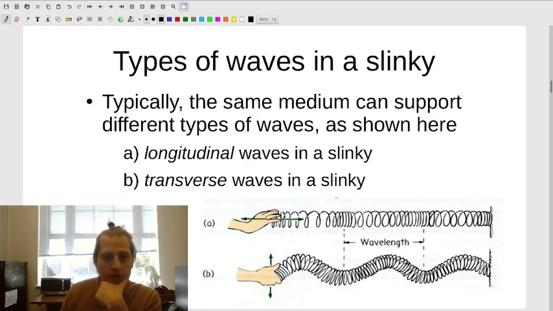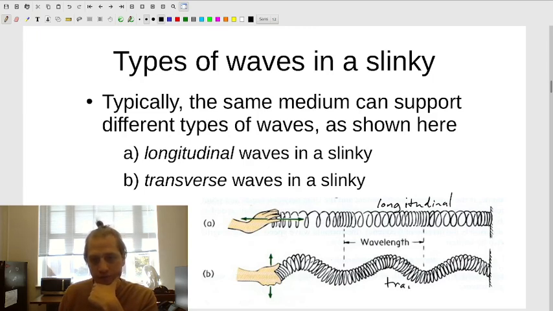It goes along the wave. And then the other one is transverse, where the oscillation is perpendicular to the direction of motion. So in both of these cases, v is going like this.